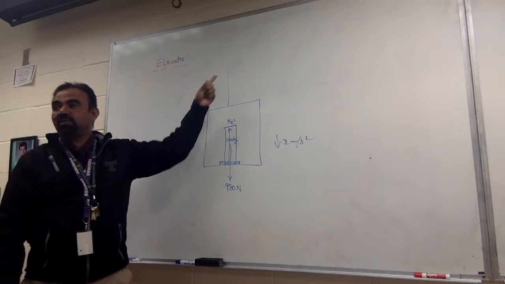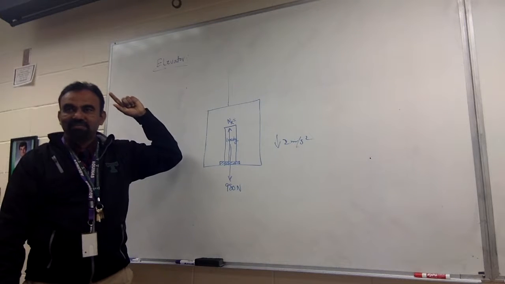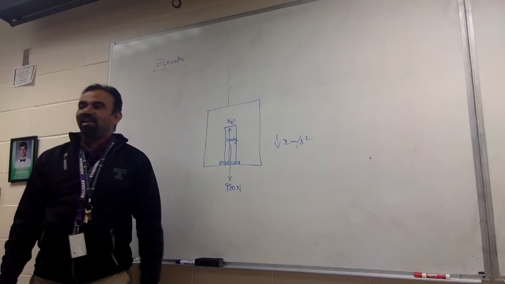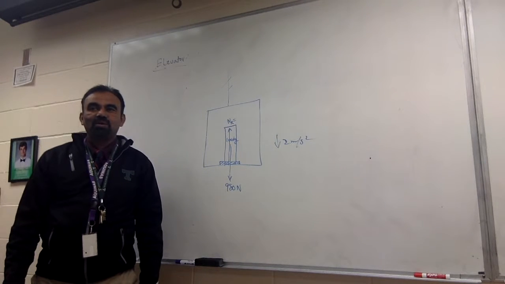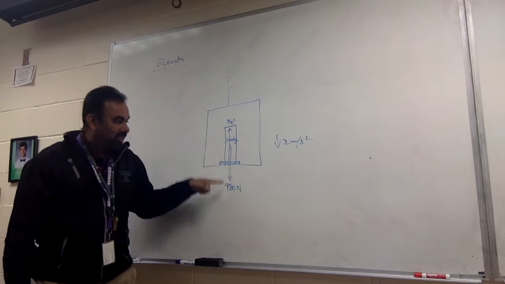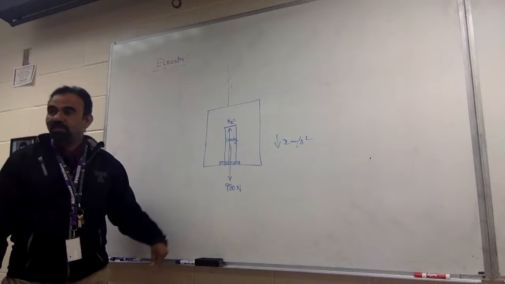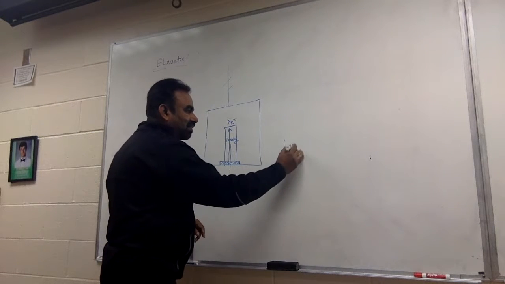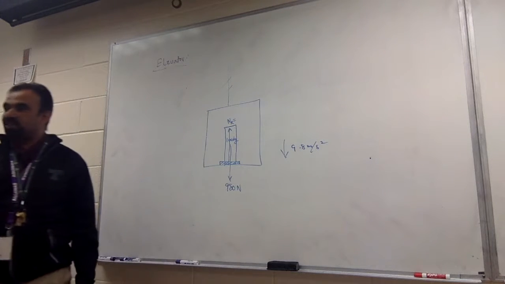Now let's say the elevator cable is broken. As soon as the elevator cable breaks, what's going to happen to these two forces? If the elevator is falling, what's going to be the acceleration? That's the acceleration, right?